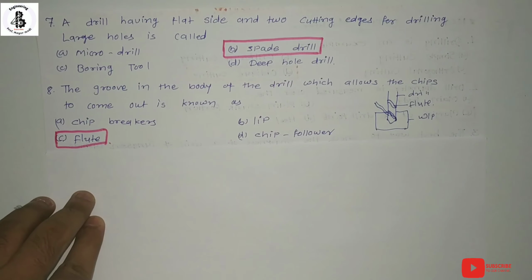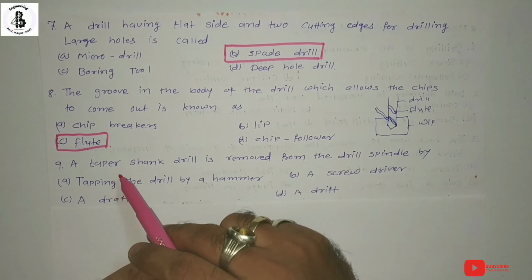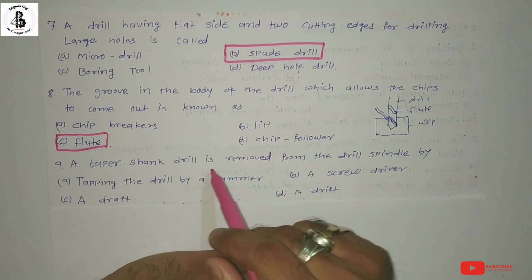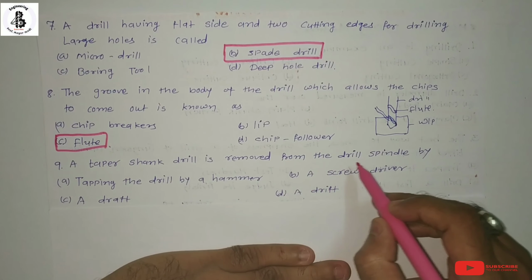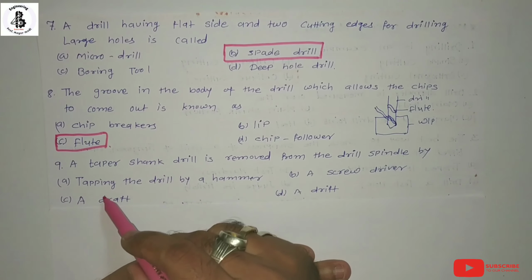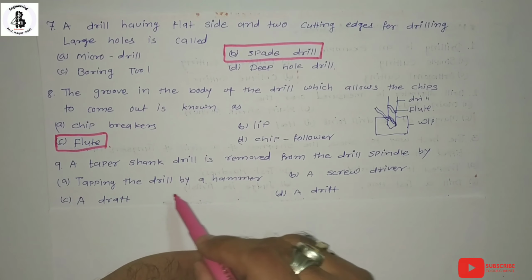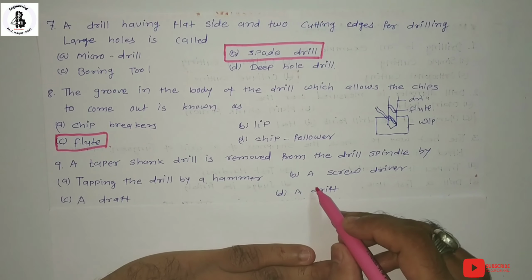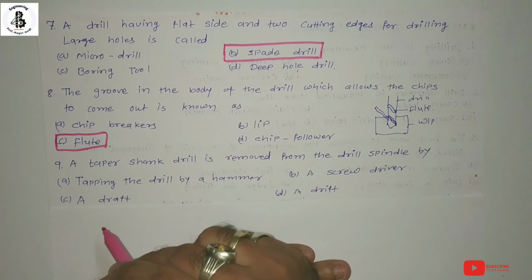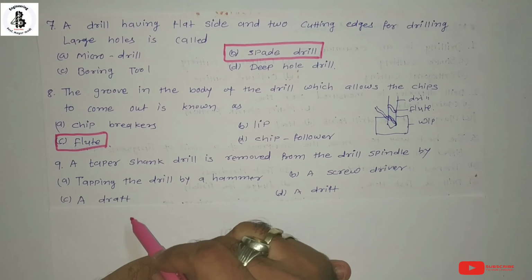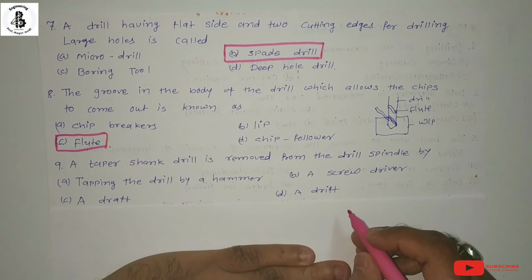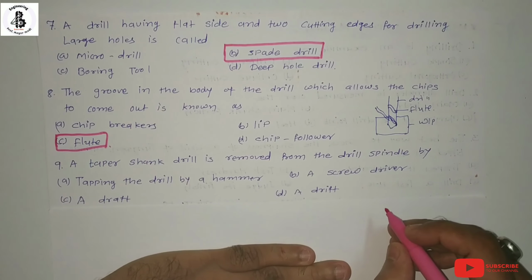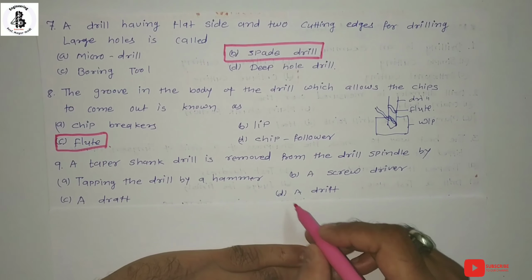Then next question. A taper shank drill is removed from the drill spindle by option A, tapping the drill with a hammer, option B, a screwdriver, option C, a draft, and option D, a drift. So basically for removing a taper shank, a drift is used.